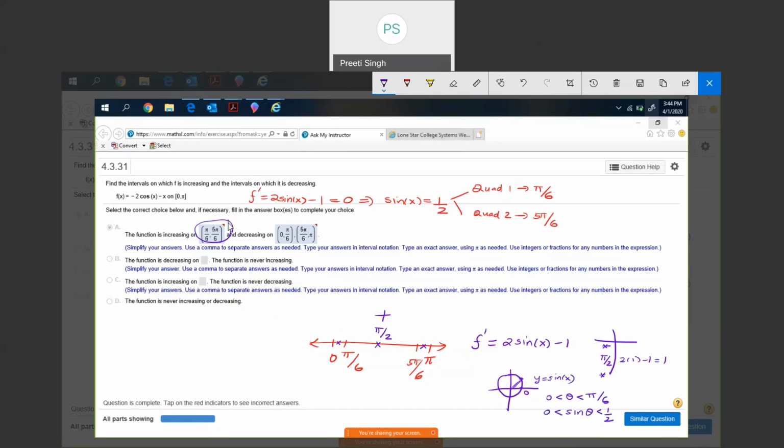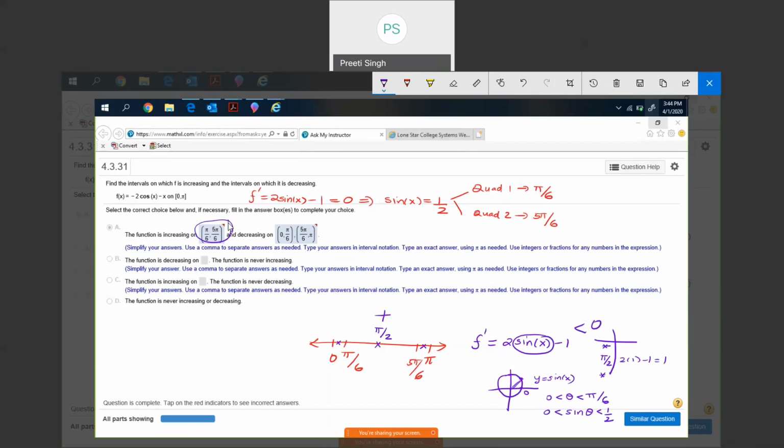So if you plug in any value of sine between 0 and 1/2, you can plug in 1/4, you can plug in 1/8. At 1/2, it is 0. But if you plug in any value of sine x between 0 and 1/2, f prime will be negative.